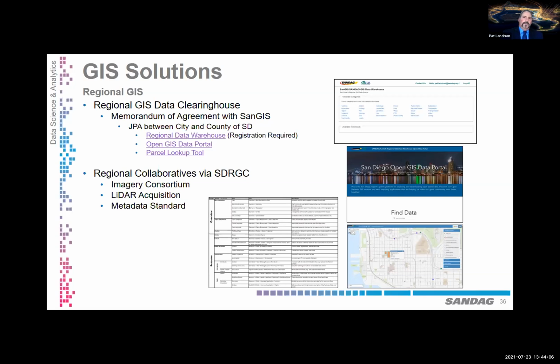And then under the regional GIS umbrella are also a lot of regional collaboratives, very successful over the past 10 to 15 years, on the imagery consortium. The last 2 projects have leveraged funding from over 30 different agencies in order to provide ongoing updated high resolution aerial imagery for the region.